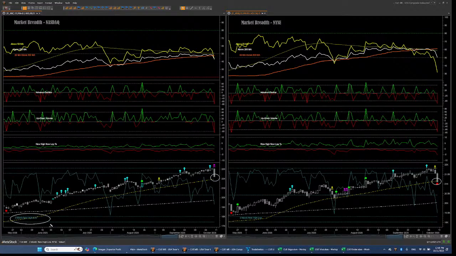The 3-month new high low was already weak, not at all near the high level, though the candle charts were making new all-time highs. And now 3-month new high low has moved to the downside, so it is in bearish territory. Percentage of stocks above 50-day MA in these two broad indexes also moved into bearish territory but not oversold yet. 3-month new high low is also not oversold yet. That is pointing us to a further down move ahead.